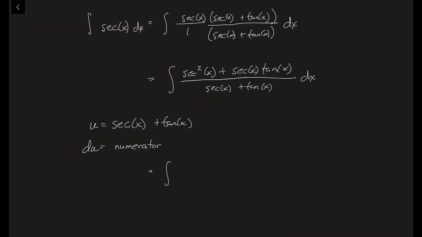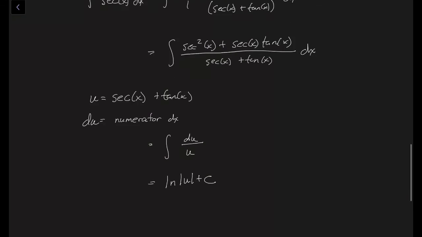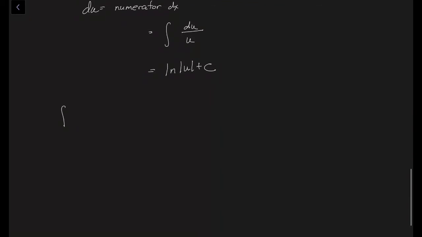So this gives us the integral of du over u, which, as we remember, is the natural log of the absolute value of u plus c, which tells us that the integral of secant x dx is equal to the log of the absolute value of secant x plus tangent x plus c.